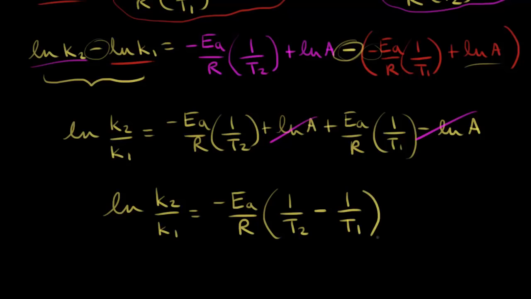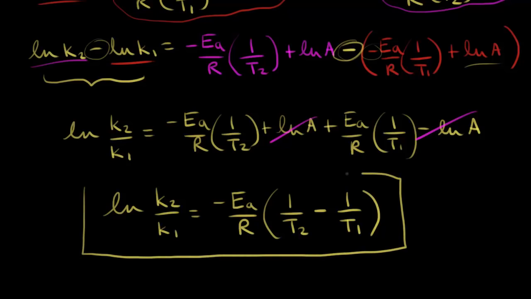So that's just some algebra. And we've arrived at another form of the Arrhenius equation. The nice thing about this form is there's no longer an A in there. So if we know the rate constants at two different temperatures, we can find the activation energy.